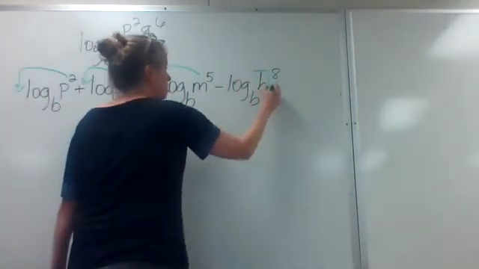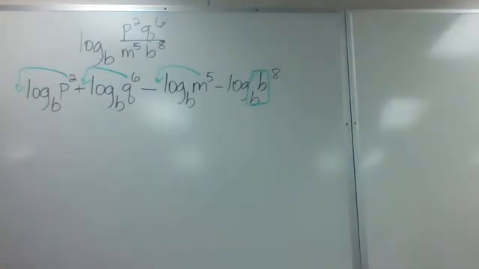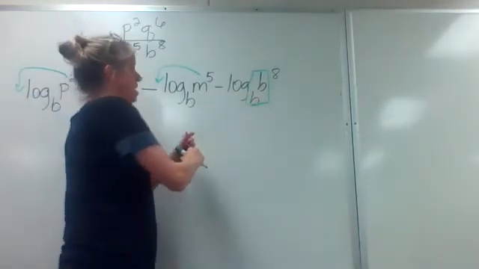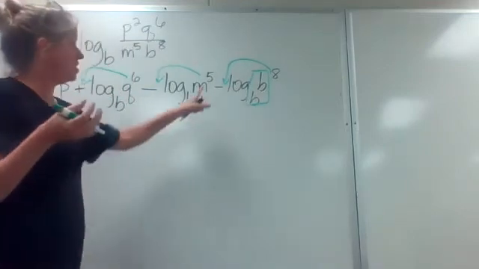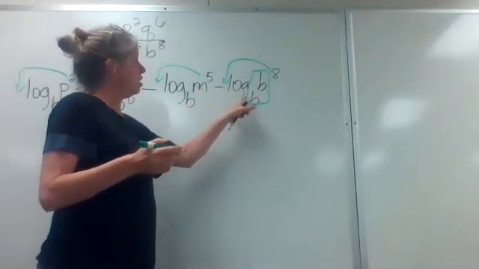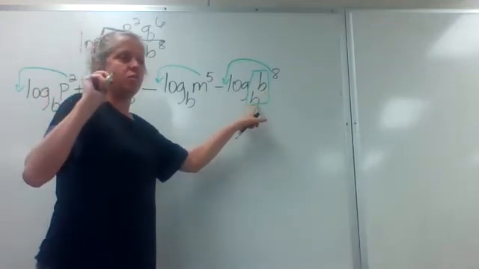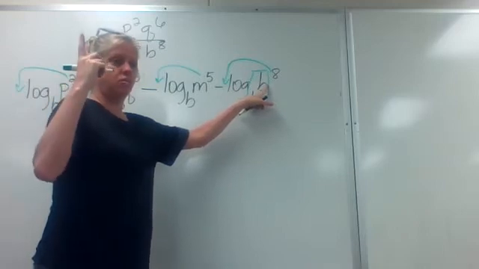Now, this right here should trigger that that's a special kind of log, right? This right here means when I bring down my exponent, it's actually going to be the only thing I have, because it's going to be 8 times log base b of b is 1, right? What do you have to raise b to in order for it to be b? 1.